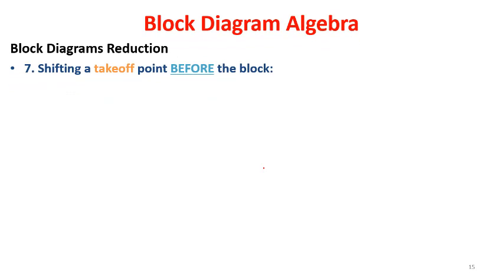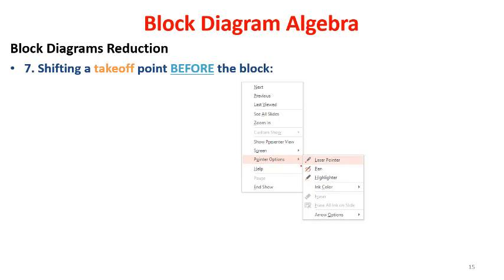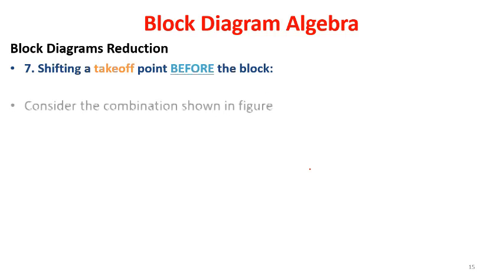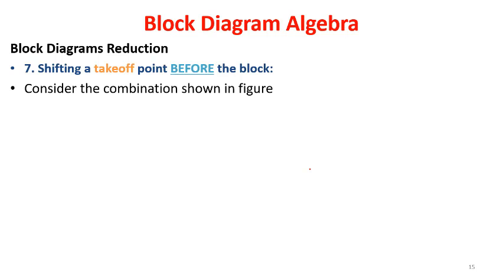Next, we are going for rule number 7. There may be some conditions where we need to shift the takeoff point either before or after the block. Let's take the condition of shifting a takeoff point before the block. Here we are considering a combination as shown in the figure.